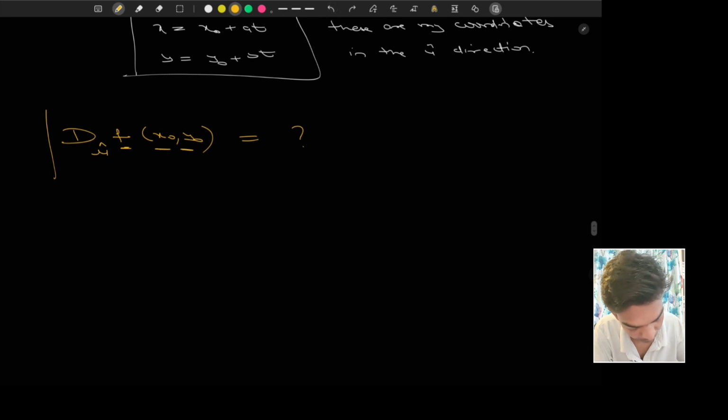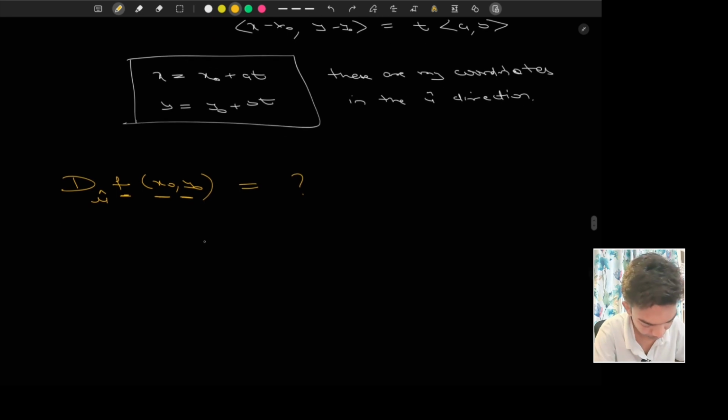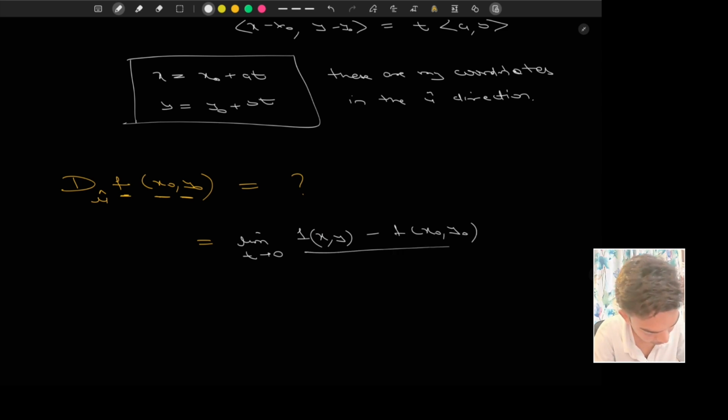Let me actually derive this for you, because this is very important. Again, we will use the fundamental definition of the derivative. So this is equal to the limit as t tends to 0 of f of x comma y minus f of x0 comma y0, divided by t.